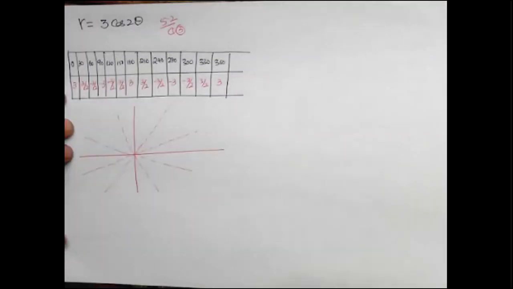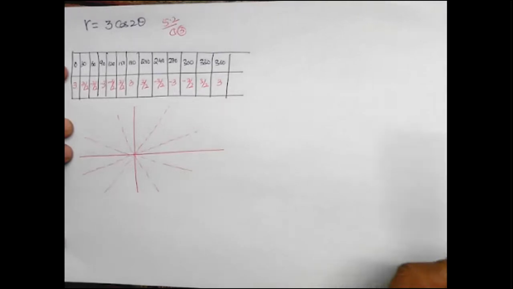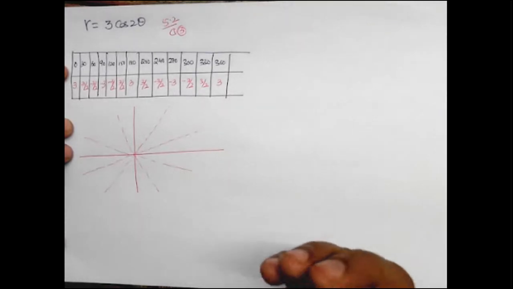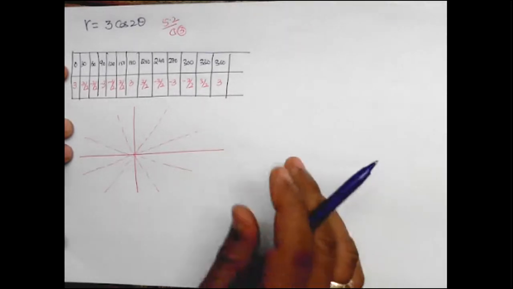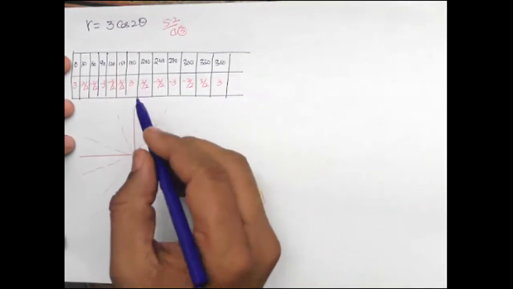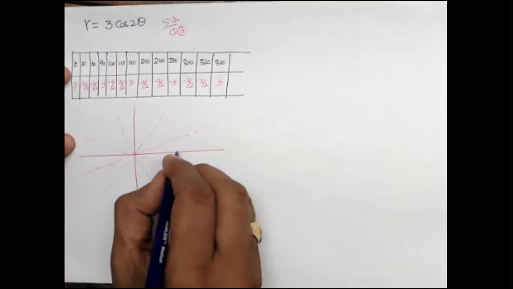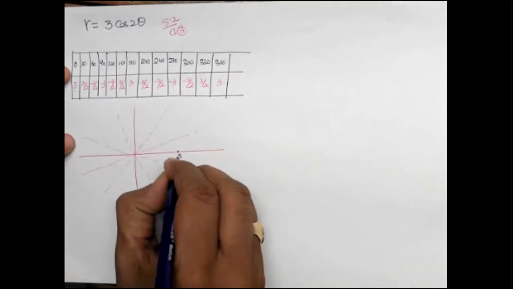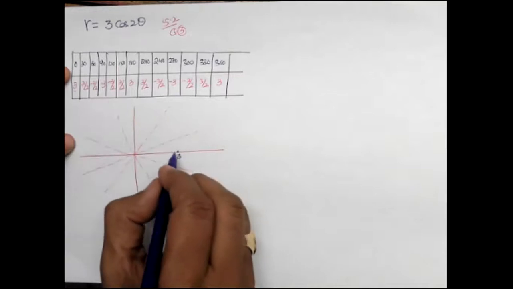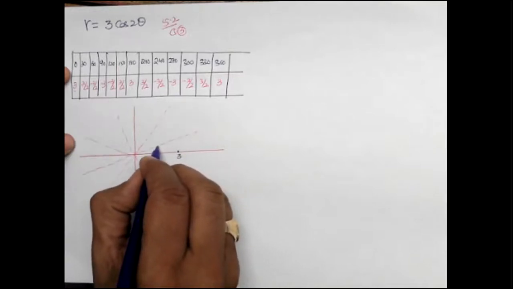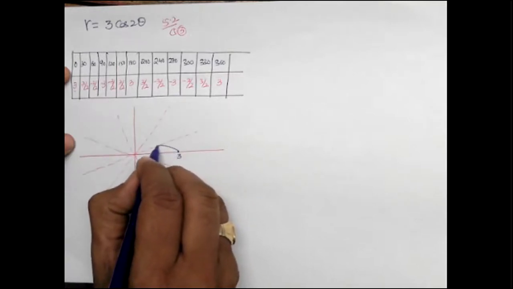Right, so these are the values I've got. And I will be drawing it as for Excel purposes, where we do not draw the negative r's. So when theta is 0, r is 3. Let's say this is 3. When theta is 30, r is 3 over 2. So somewhere over here, it's coming in half. Okay.